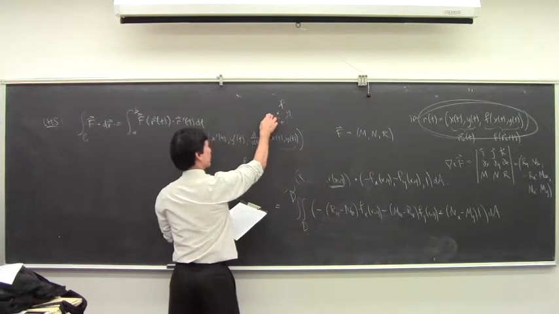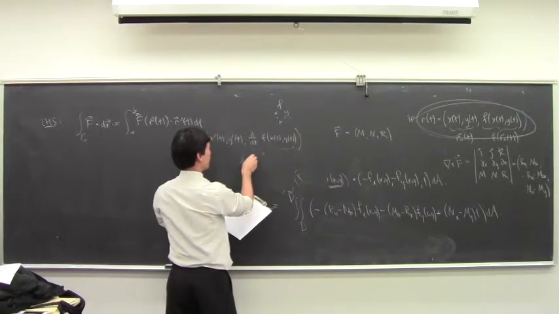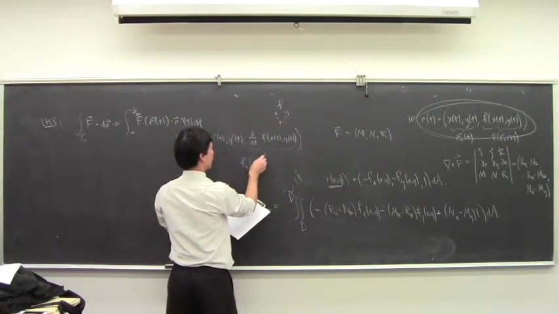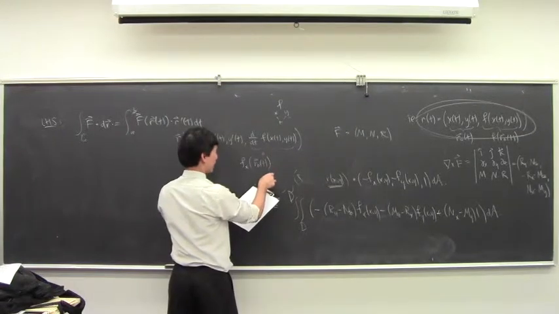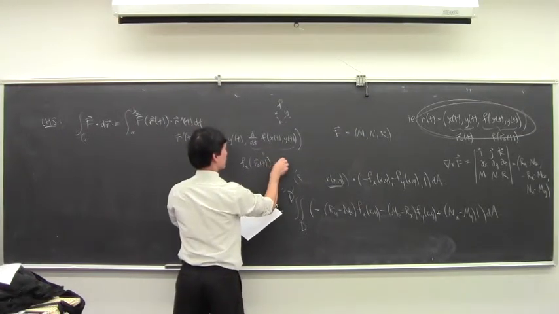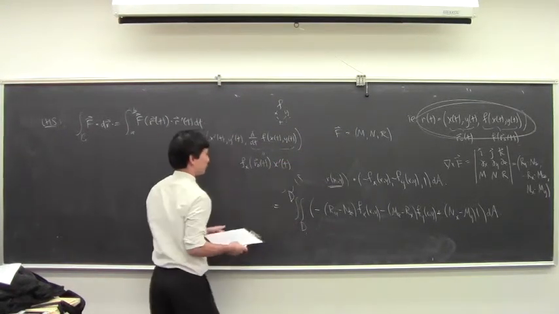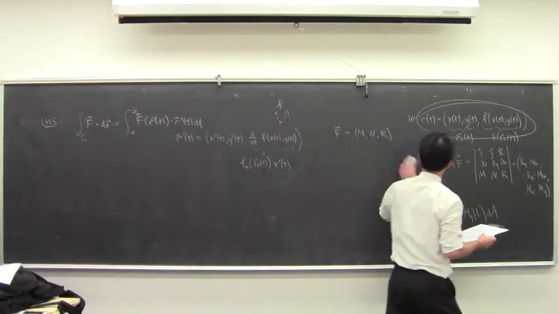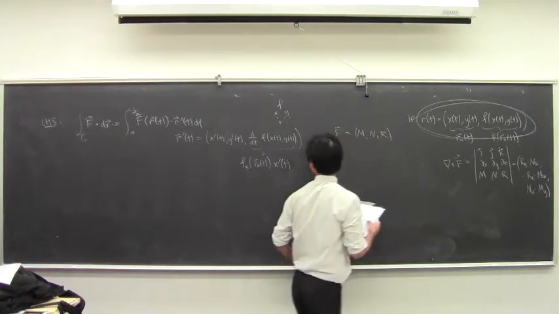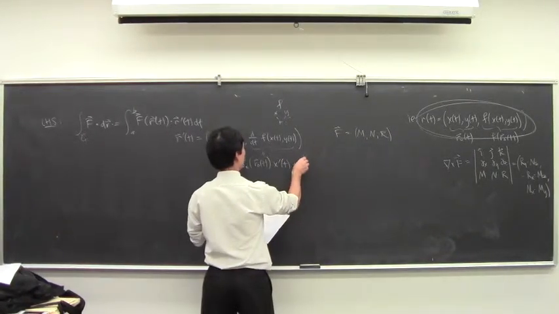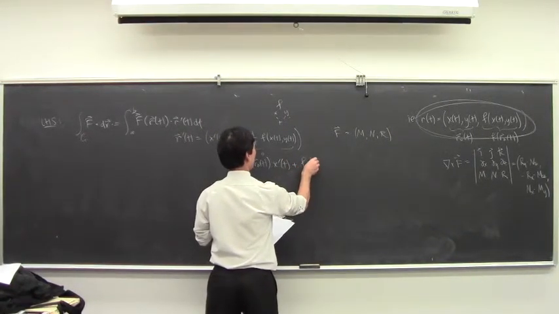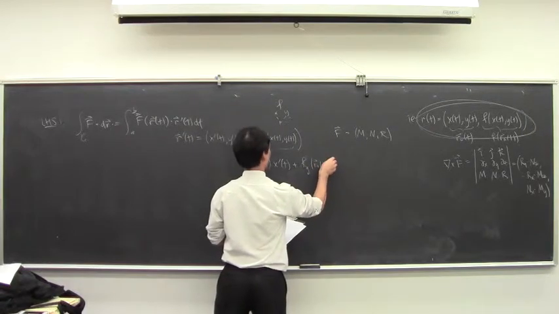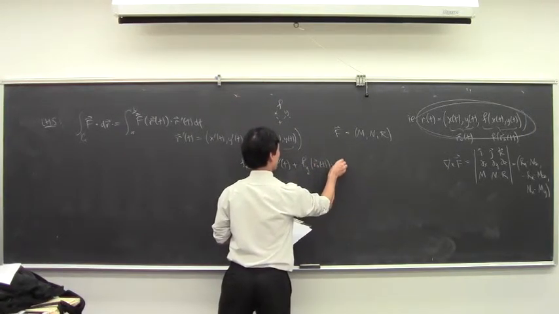Take the partial of f with respect to x and evaluate that at r naught of t, and then you multiply that by x prime t. Plus f sub y at r naught of t times y prime t.